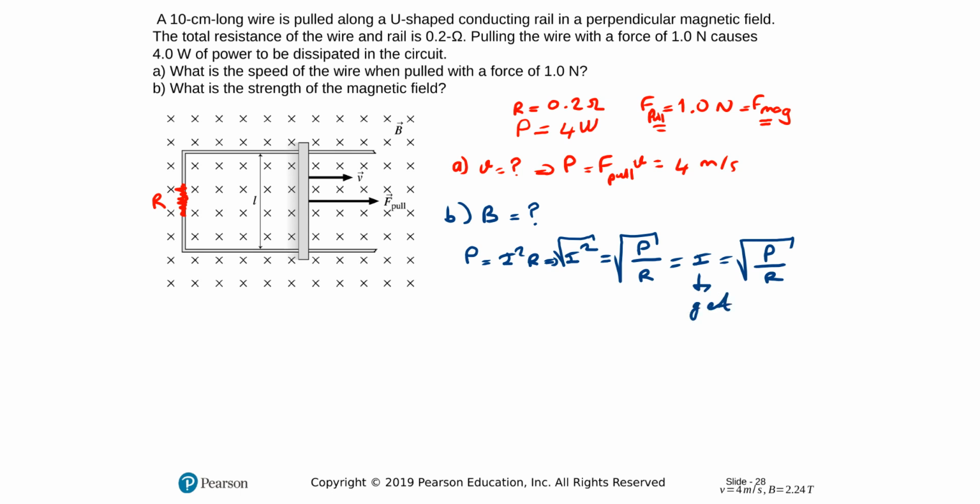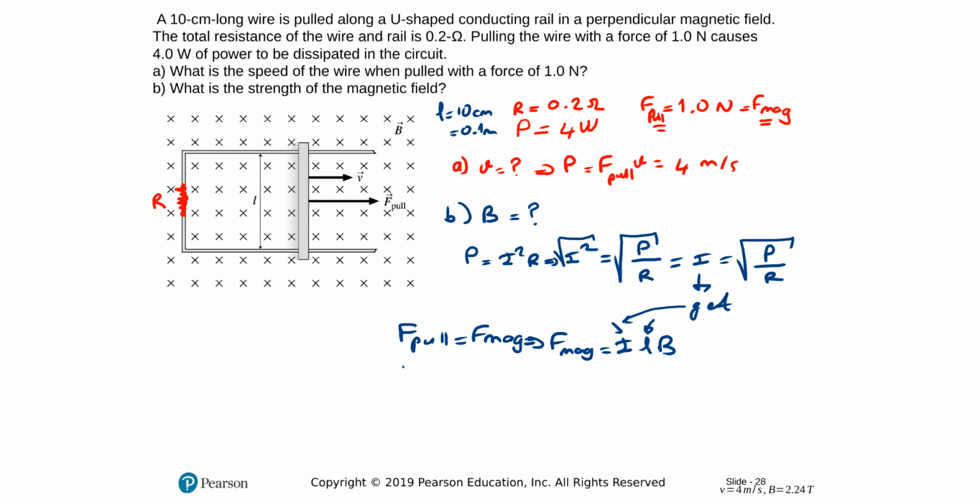Then you say F pull is equal to F magnetic, right? And the F magnetic equation is ILB. So I know the current from here. I know L, the length of the wire, 10 centimeters, which I forgot to add here. L is equal to 10 centimeters, 0.1 meters.